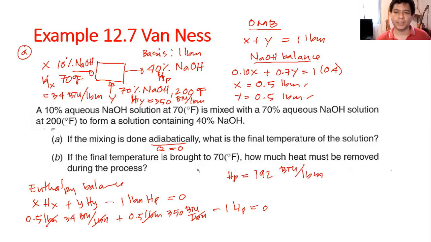This is not done yet, because the question is what is the final temperature? So you go back to the diagram and find 192 BTU per pound mass, with a concentration of 40% sodium hydroxide.